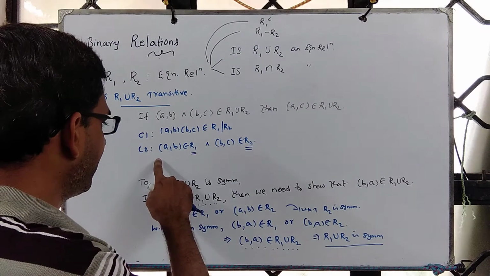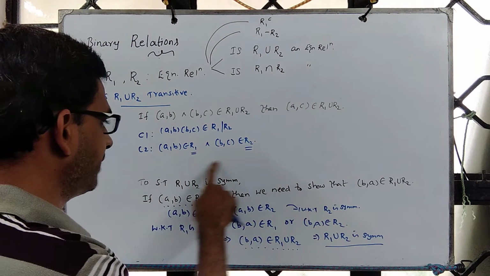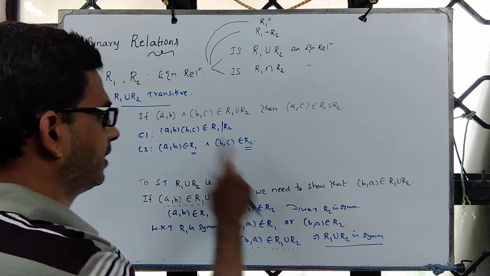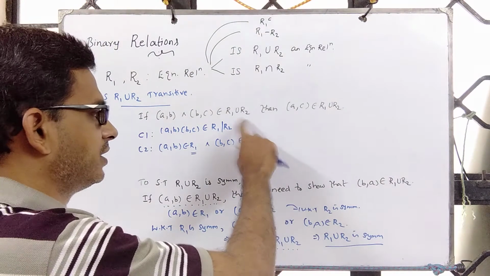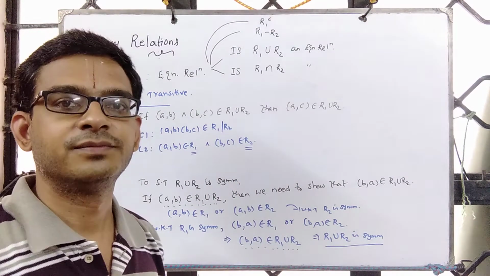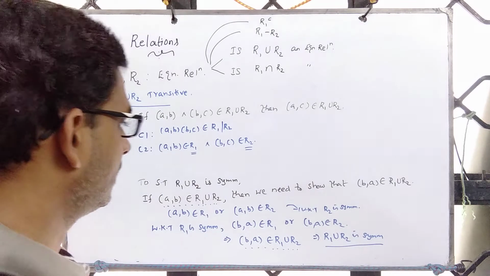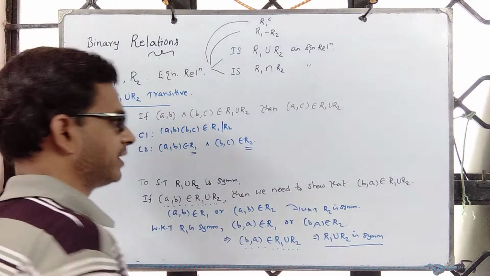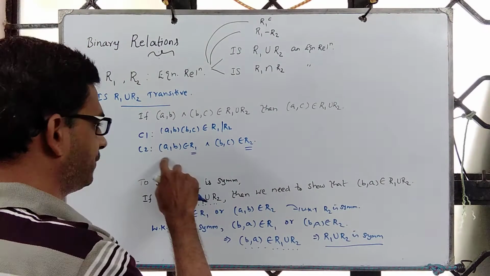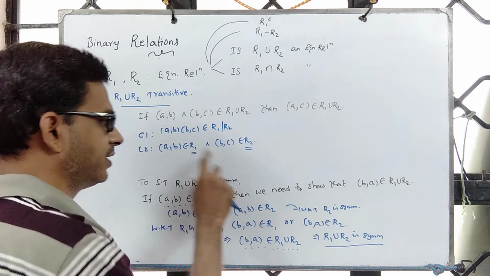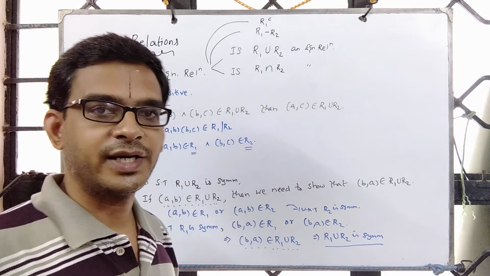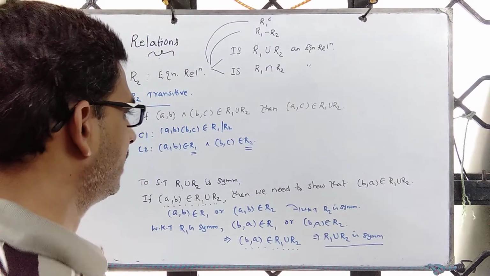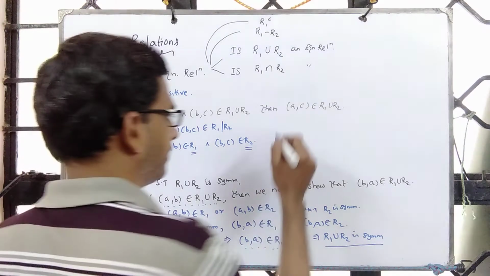So I am saying if this situation happens, there is a possibility that the union is not transitive. So let us cook up a counterexample satisfying this, because we doubt this case can lead to a non-transitive relation. Let us cook up an example along that line.